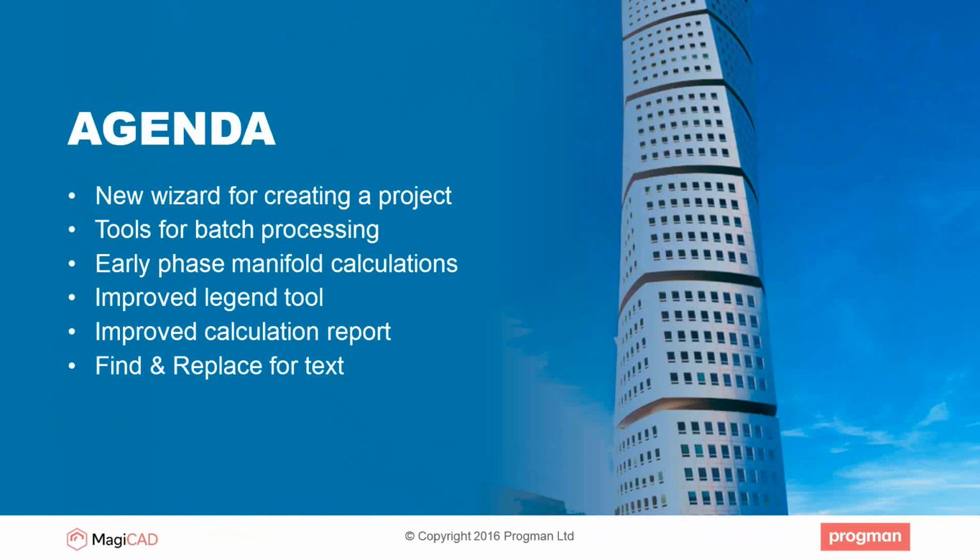Then we have early phase manifold calculations and also improvements for our legend tool and calculation report. And last but not least, we have a new find and replace for different MagiCAD texts. So that's also quite a handy tool.